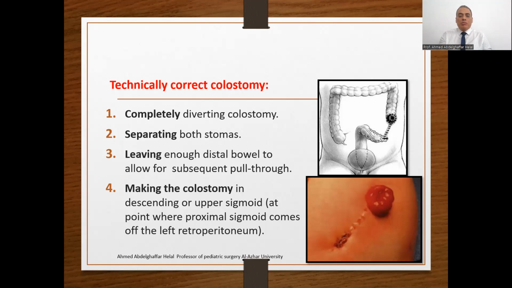That sigmoid comes out of the left retroperitoneum, so there is some point of fixation to avoid colostomy prolapse.